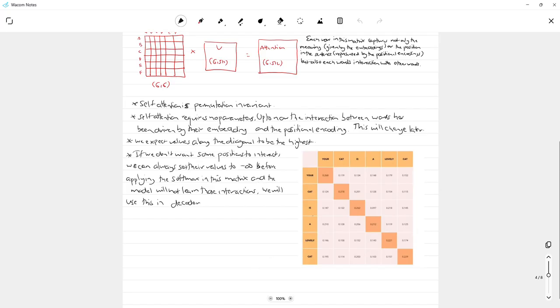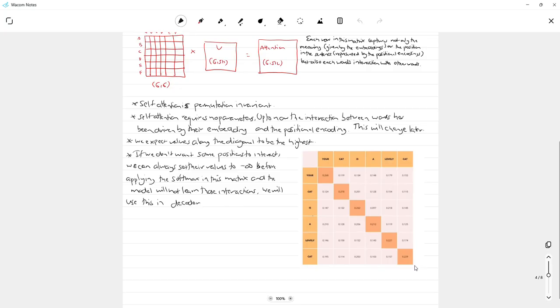Each row represents the attention weights for that particular query word, and the values across the row show how much attention that query word pays to every key word in the sentence. Now look at the diagonal.